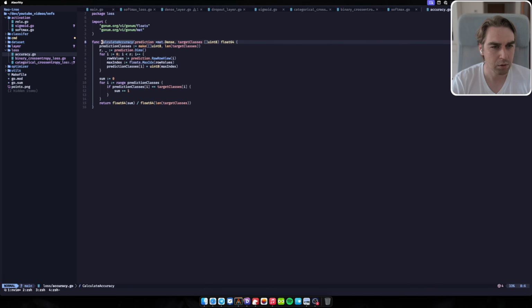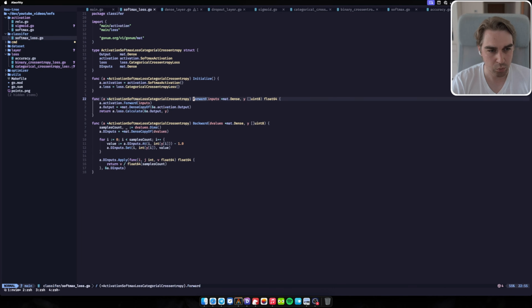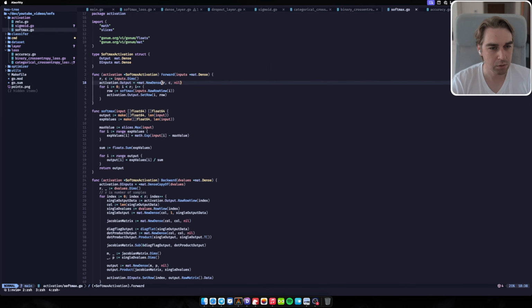Accuracy. We have the loss activation, we have the forward, and we use the categorical cross entropy loss and calculate the softmax, set the row.